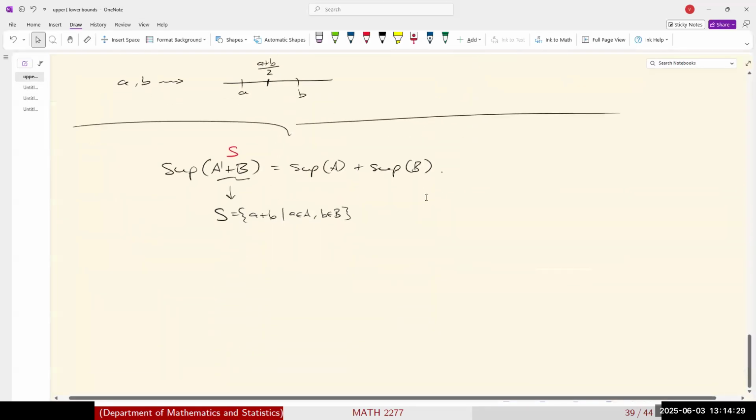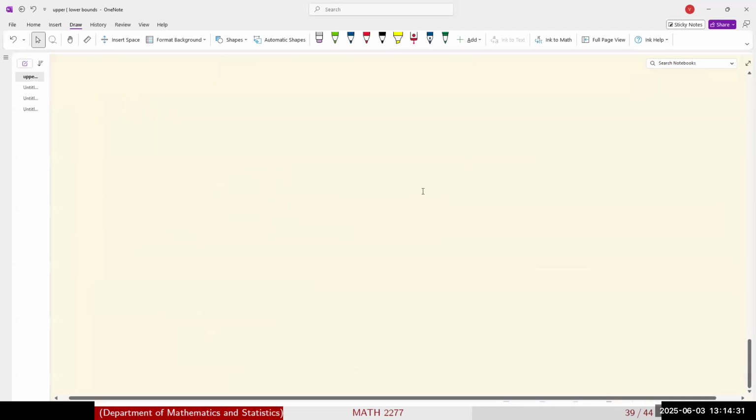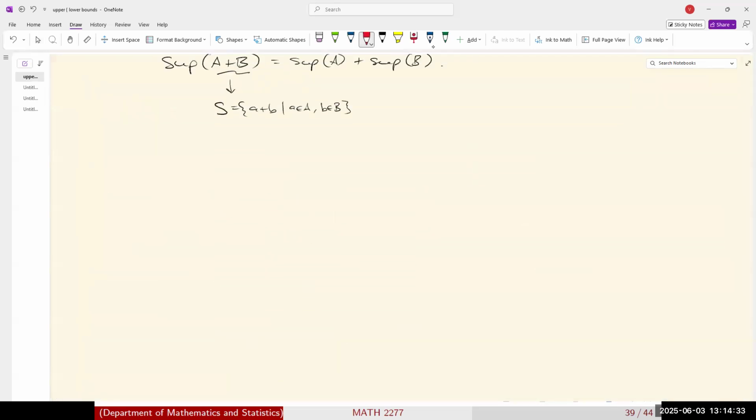So what is the picture with that? It seems like a lot, but once you draw the picture, it's not too bad. This is your ordered field F. All that is saying is that you have two sets.